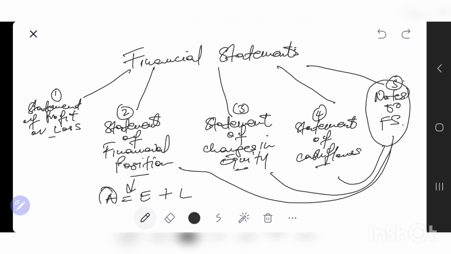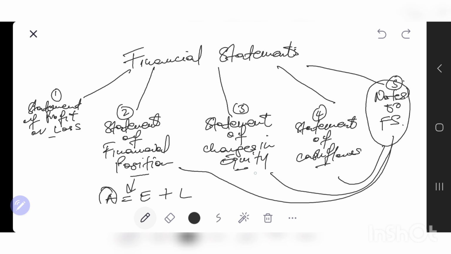Were they funded through both equity and liabilities? How much equity was contributed to fund these assets? How much liabilities were contributed to buy these assets? So the statement of financial position is a snapshot. That's why it's a financial position. It's a snapshot of where the business is in terms of the assets that they have, the snapshot of the financial position of the business.